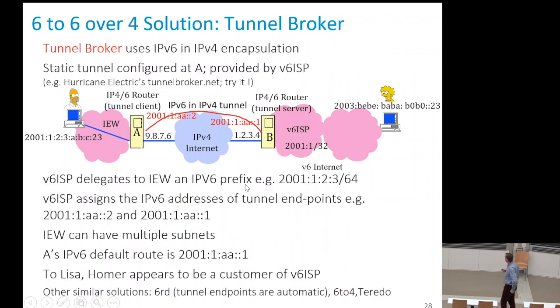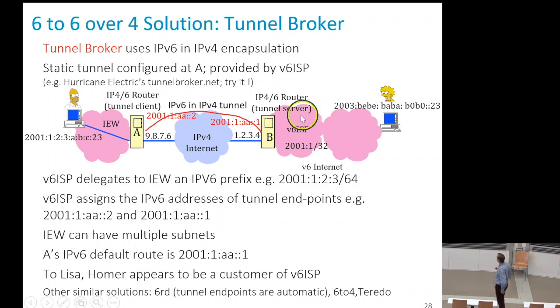What will they do? Well, they will give to you an IPv6 prefix, for example, this one here, 2001.123/64. So this company gives you a prefix as if you would be directly connected to them.